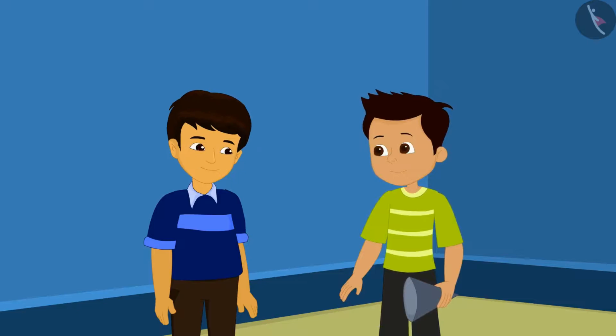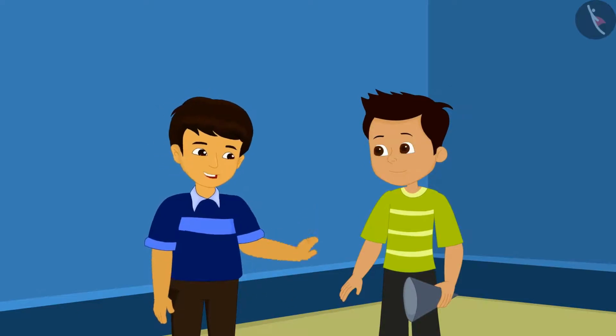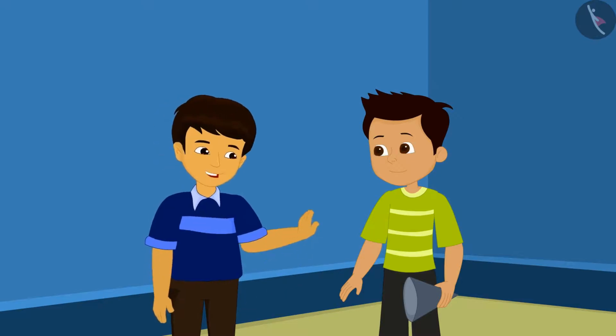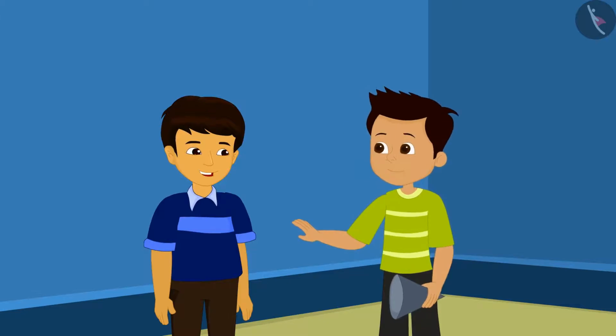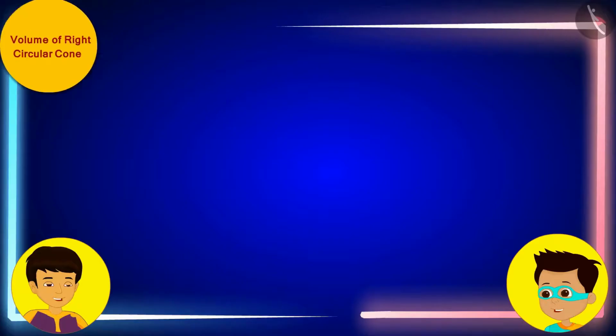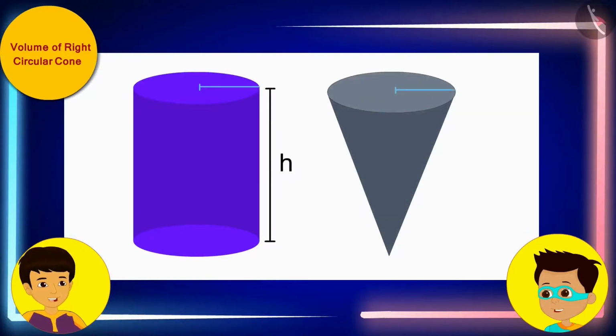It is very easy. Let me teach you the formula of volume of right circular cone by using the volume of a cylinder. Hey, wow! That means it's math time! Thomas, can you bring a cylindrical vessel whose height and radius of the base are equal to this right circular conical vessel?